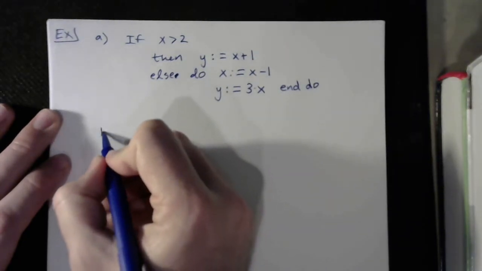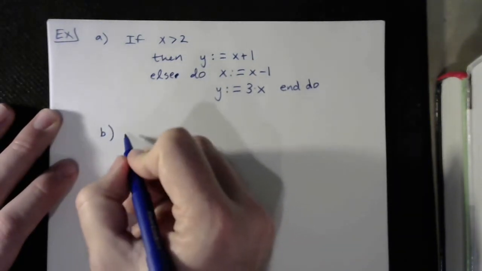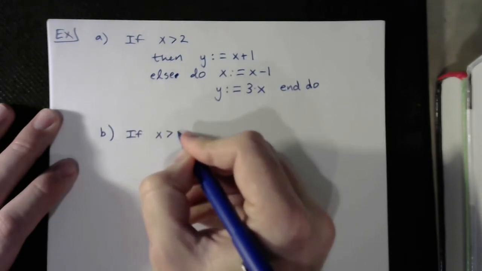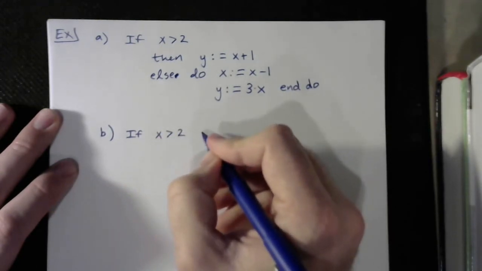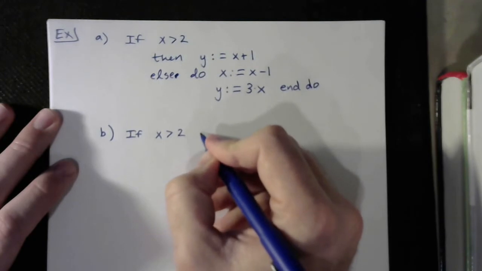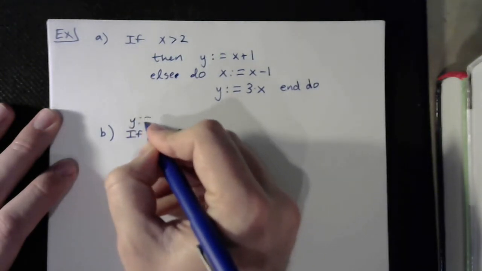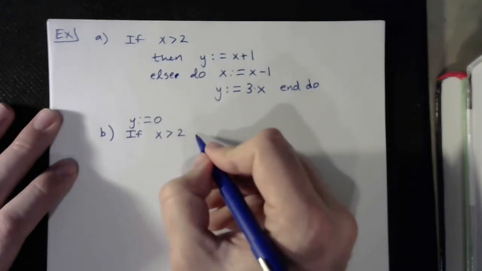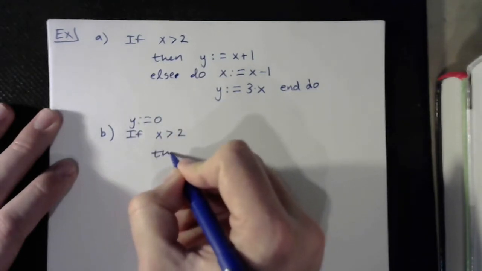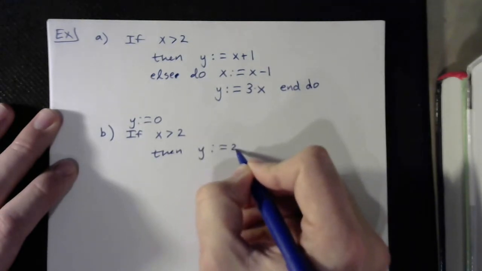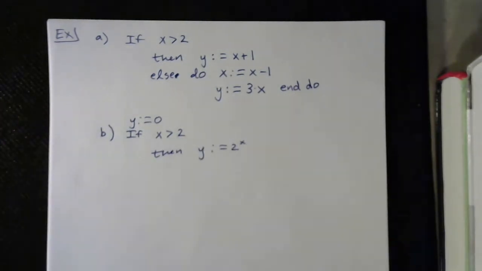And in B, first I want to start with y defined as 0, then if x is greater than 2, then y is defined as 2 to the x.